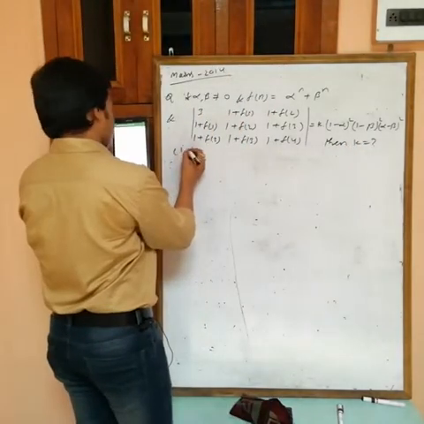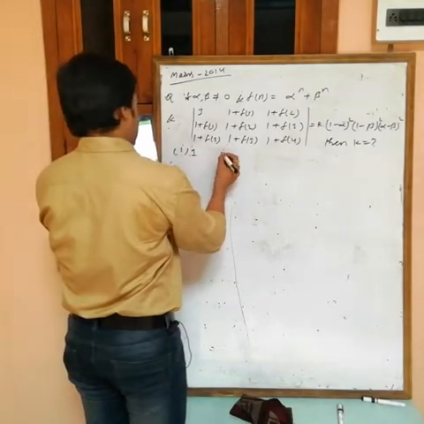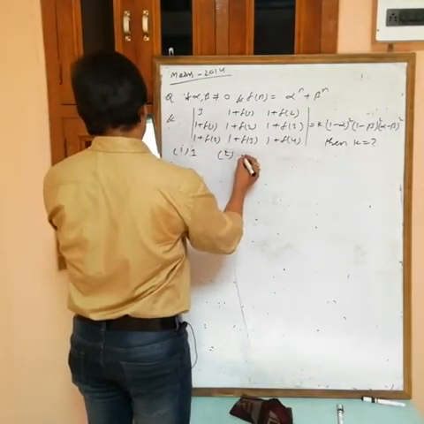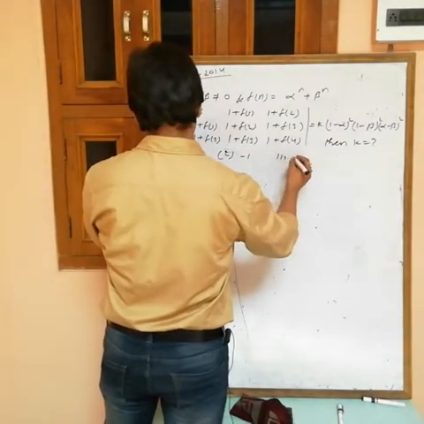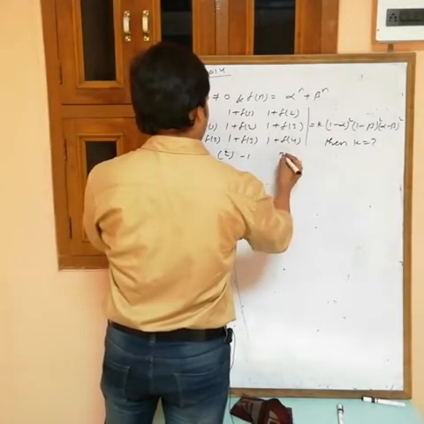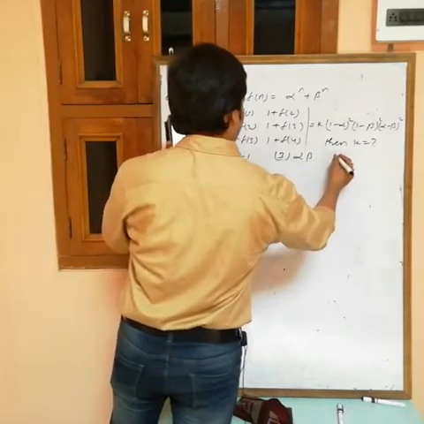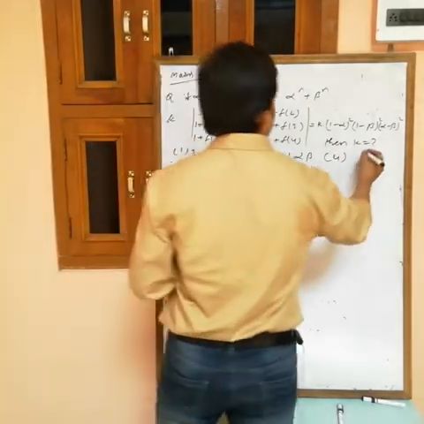Options are given as 1, second one is -1, third one is alpha beta, and fourth one is 1 by alpha beta.